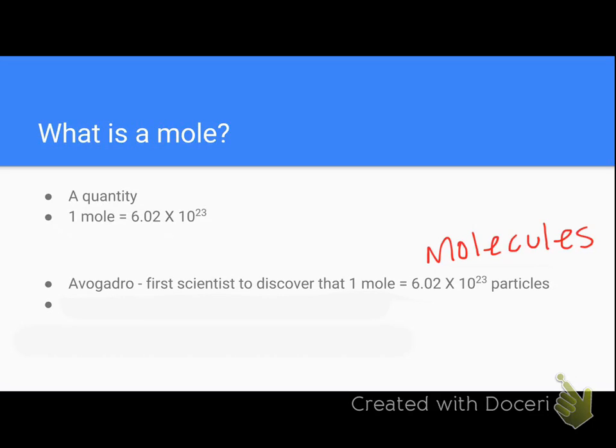Either way, we're talking about molecules or particles. So instead of having 6.02 times 10 to the 23rd paper clips, we have 6.02 times 10 to the 23rd particles. Particles could mean molecules, or it could mean atoms.